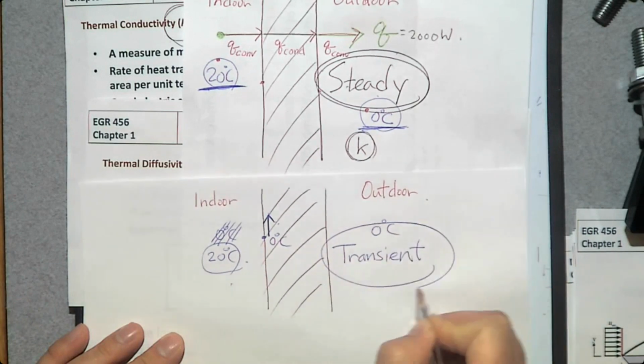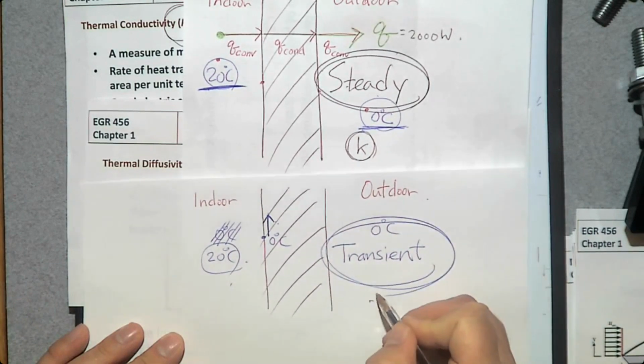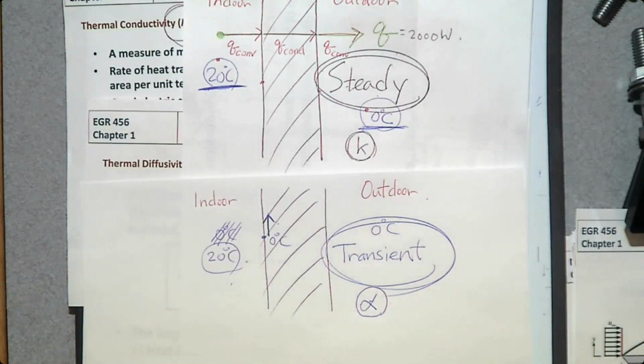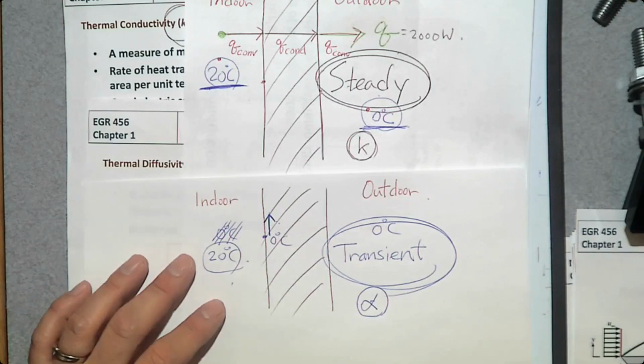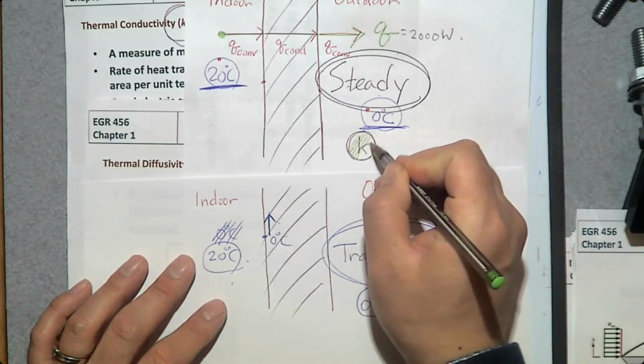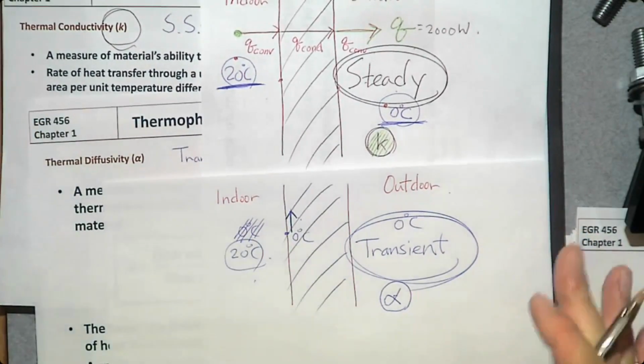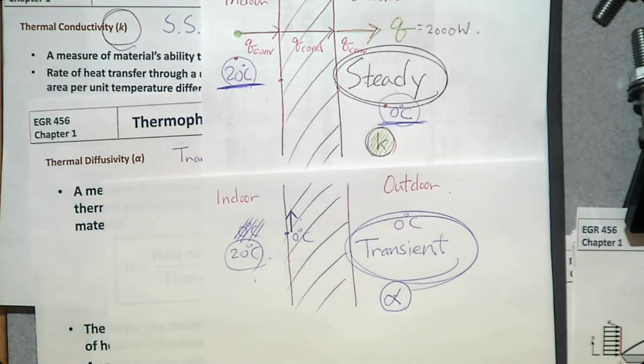heat transfer problem. And when you have a transient heat transfer problem, we use thermal diffusivity alpha. So this thermal conductivity K shows the material's ability to transfer heat.